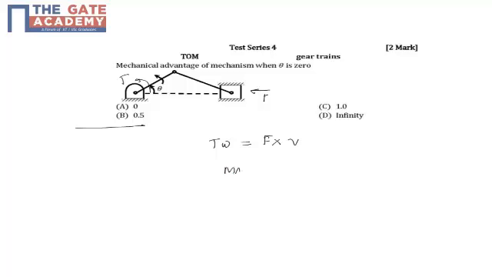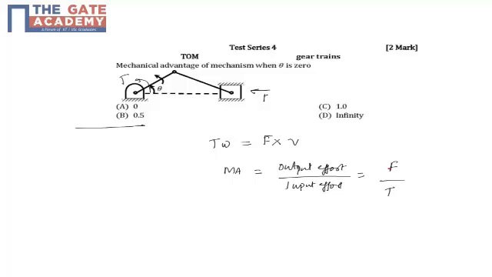Now mechanical advantage will be your output effort by input effort. This can be written in terms of torque ratio or force ratio. Output effort is F, and input effort directly can't be torque, or output effort you can also measure in terms of torque.